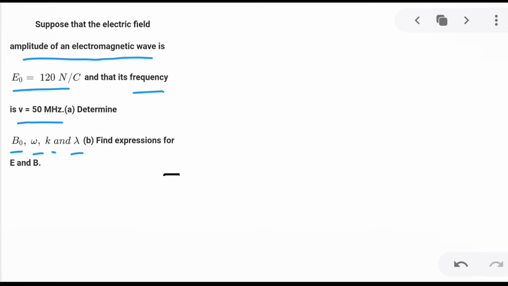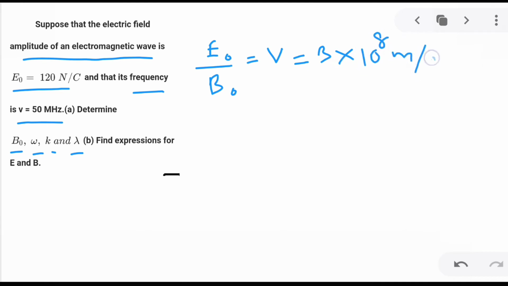See, this ratio E naught by B naught is constant and it is equal to the velocity of light in free space, or in the particular medium where the corresponding electric and magnetic field values are given. Nothing about the medium is given, so we have to assume that it is free space. So this V will be equal to C, that is 3 into 10 power 8 meter per second.